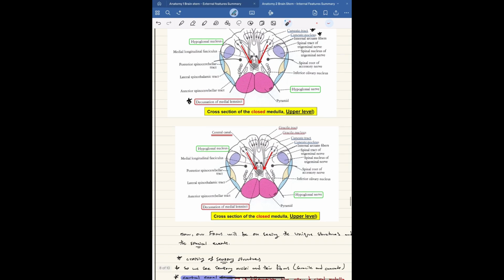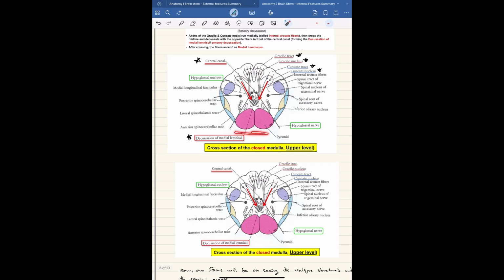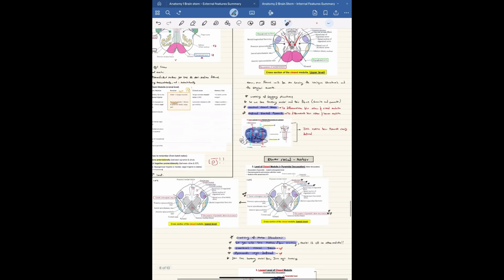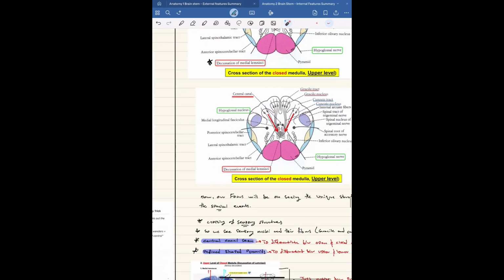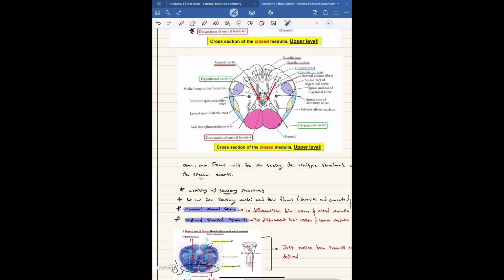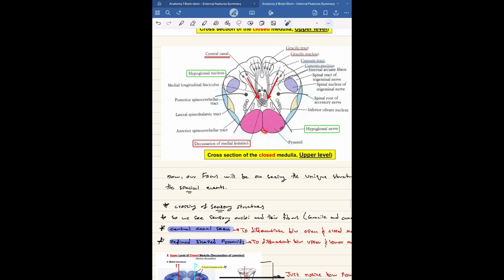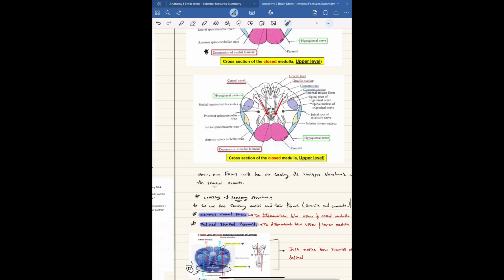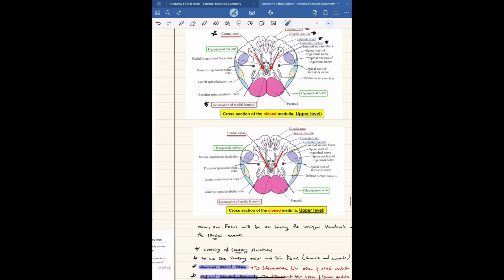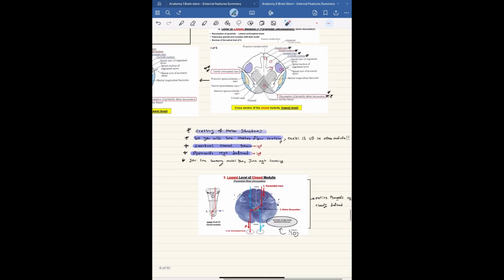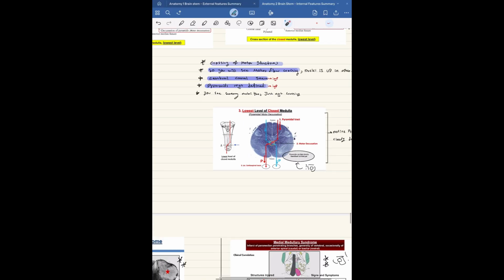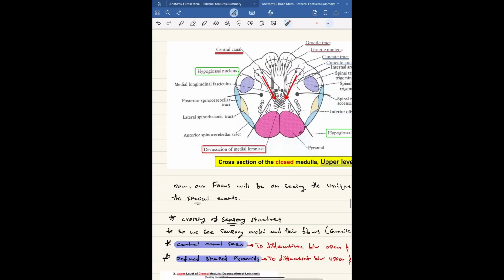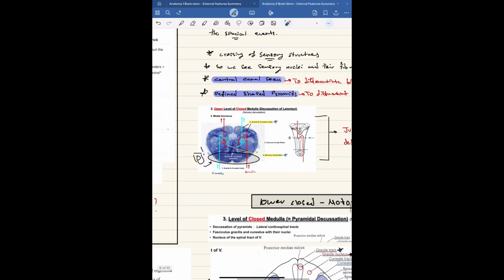Now you may ask yourself, how do I differentiate between an upper closed and a lower closed? Well, there is an important identification. Notice the pyramid is very defined, while the lower closed is not defined, or not clearly defined as it is in here and in here.